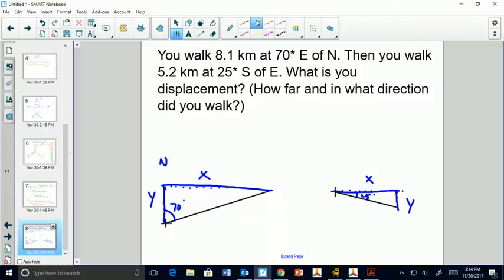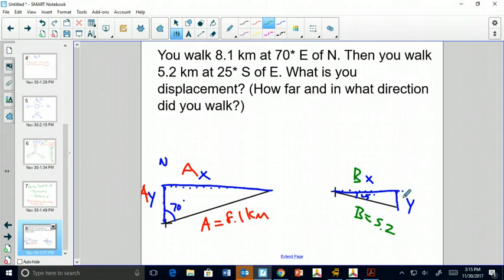We're going to call this A, and we know that equals 8.1 kilometers. We're going to call this AY, and this AX, just so that we know what we're dealing with here. We're going to call this guy here B, and we know that B was equal to 5.2, and we'll call this BX, and we'll call this BY.